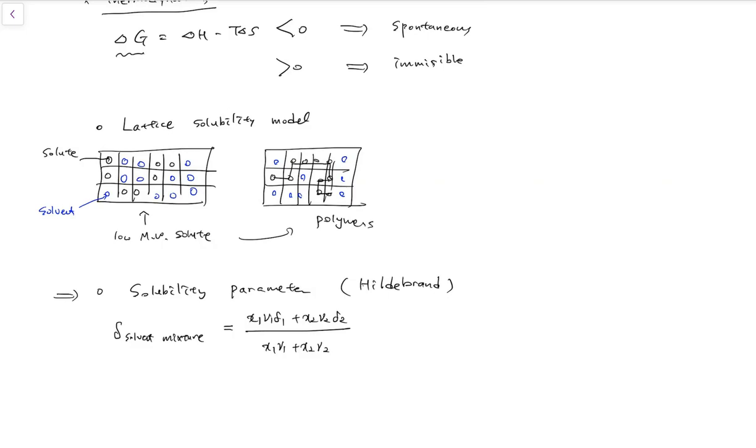Here x is the mole fraction inside of the mixture, and nu, actually v, is the molar volume.